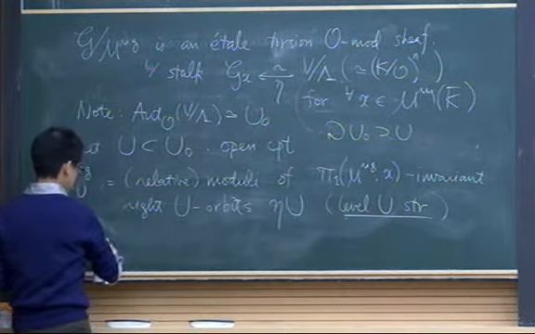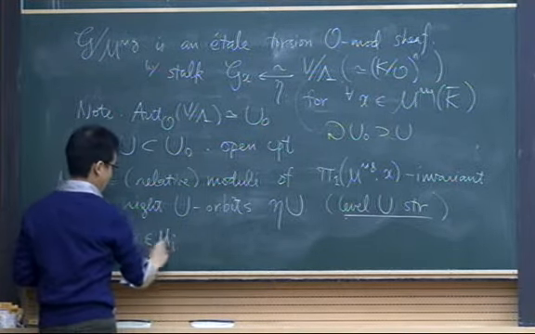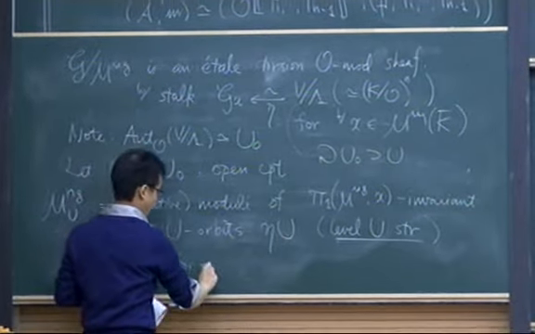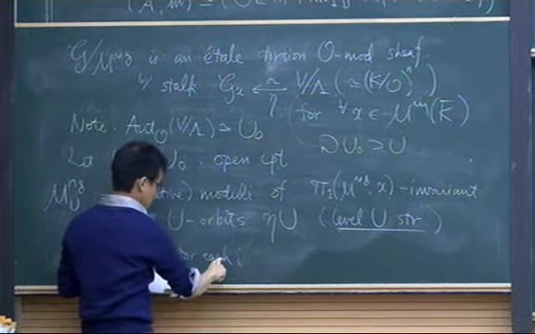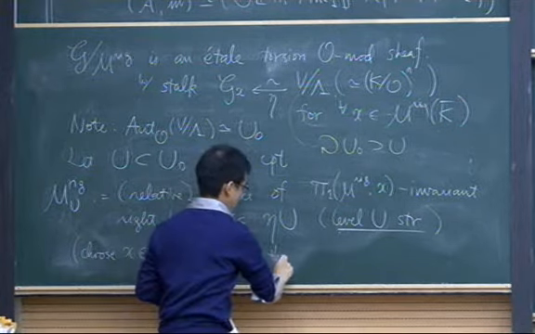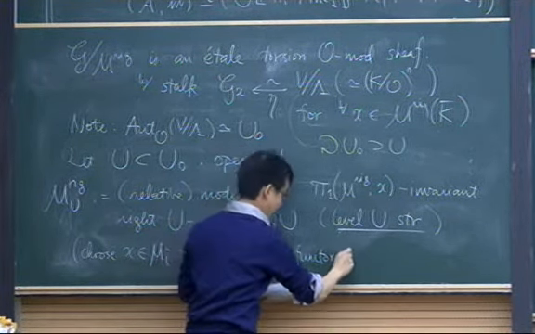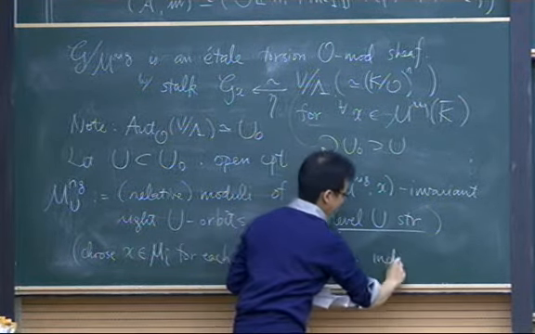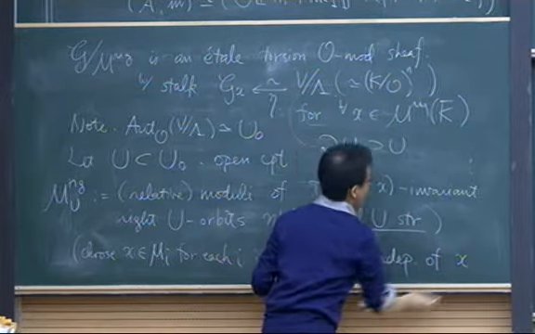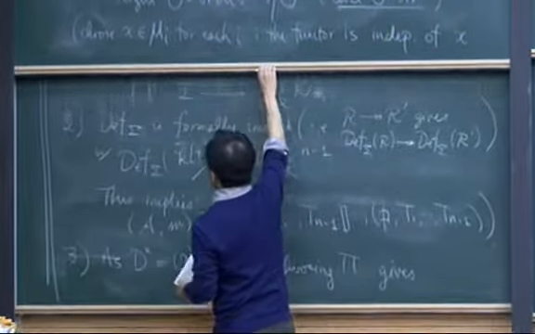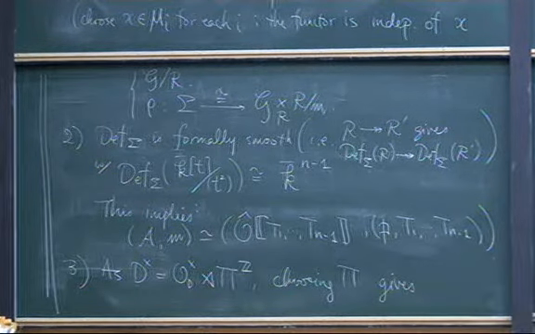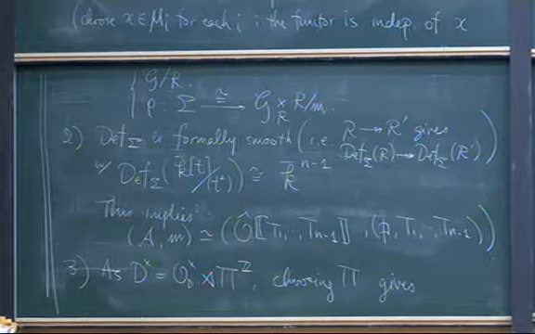So I have to choose x in m_i for each i, but these choices are irrelevant. These are canonical isomorphisms.